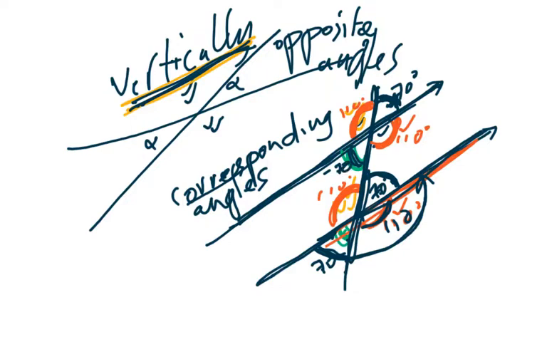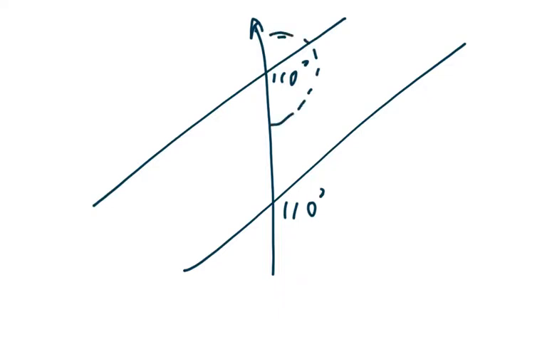Now let us move on to a cleaner slate. We have our two parallel lines cut by a transverse line. This was 110 degrees, therefore this would also be 110 degrees. This is a straight line, 180. Therefore, if we know this to be 110, that would be 70 degrees.